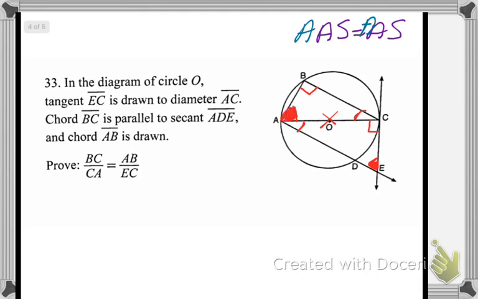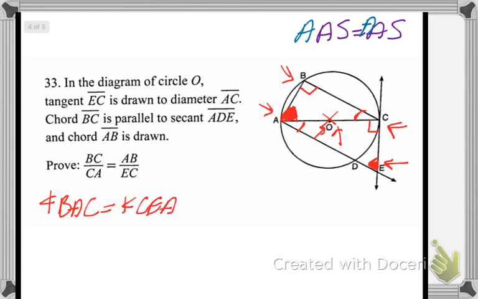So now you can see that we have angle, here's an angle, angle, and then here's the side. And if you look at the top triangle, you have angle, angle, and there's the side. Okay, so first we have to say that those angles are equal. So we're going to say that angle BAC equals angle CEA. There's lots of different ways that you can say this.